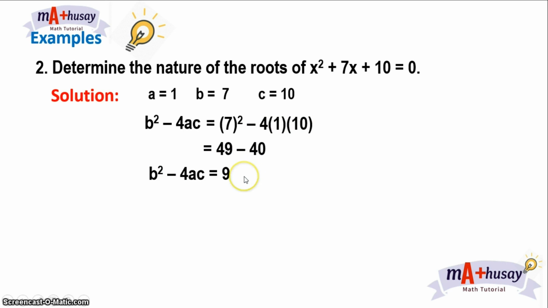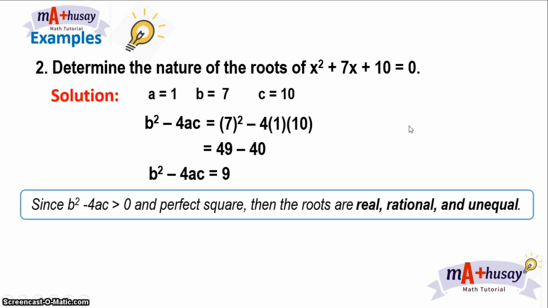And this time, the discriminant is greater than 0 and we have 9 as a perfect square number. So we can describe the nature of the roots of x squared plus 7x plus 10 equals 0 as real, rational, and unequal. So let me show you the roots.